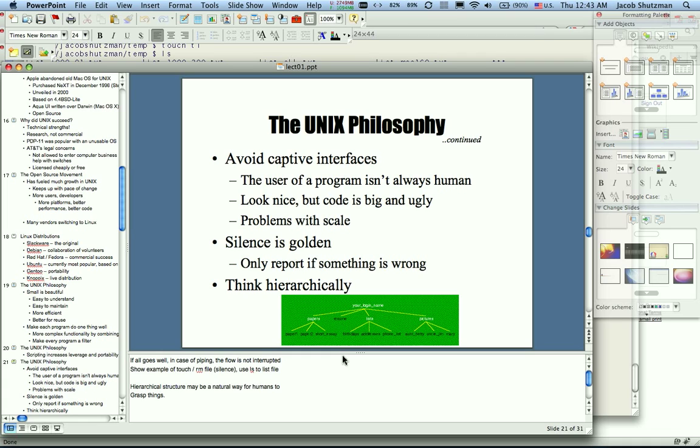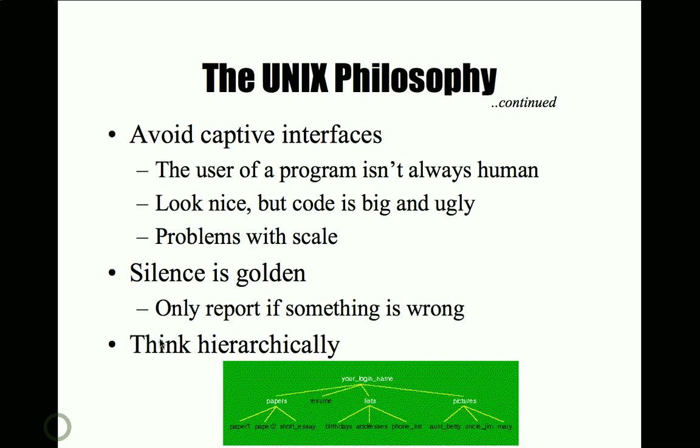Another element of Unix is thinking hierarchically, and many things are done in a hierarchical mode, including the file system, and we'll talk about it a little later. But this is something that's probably easy for humans to comprehend. If you start small, you start with a certain base, then you branch into several branches, then each branch branches into other several branches.